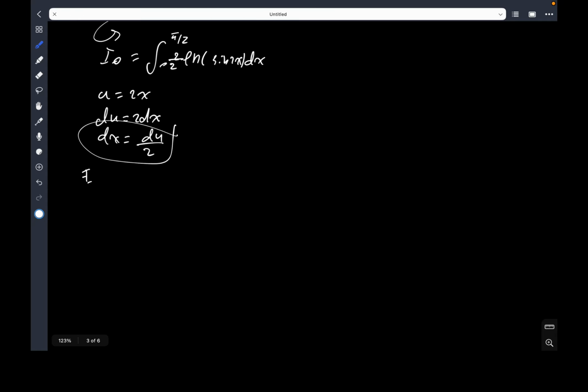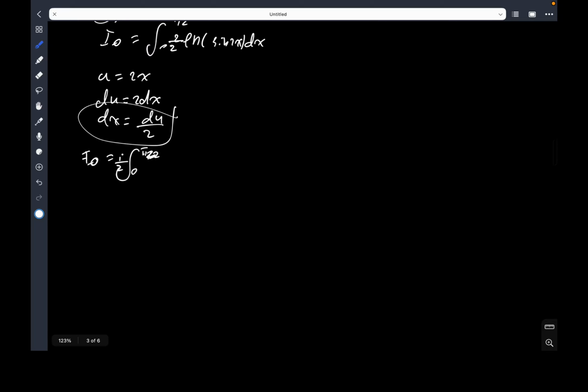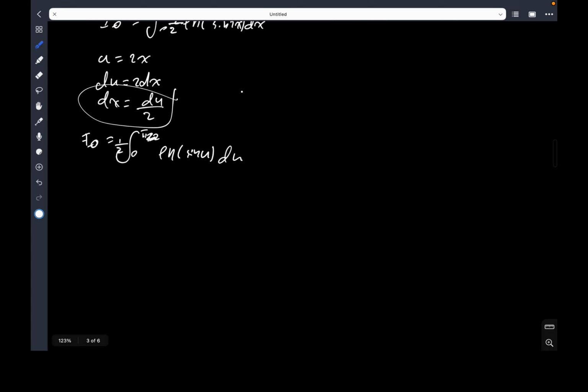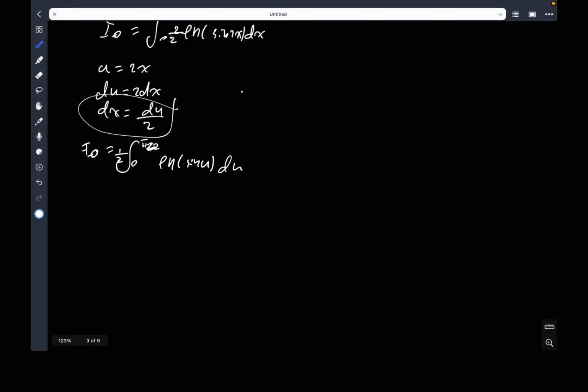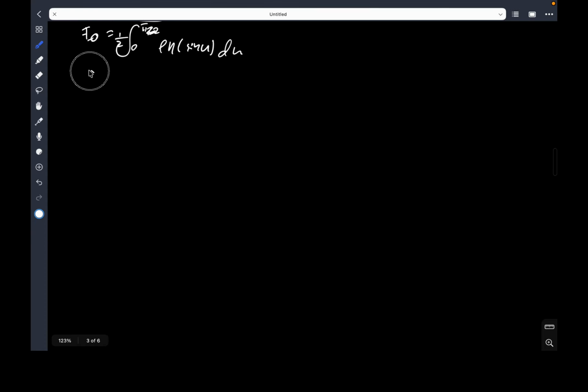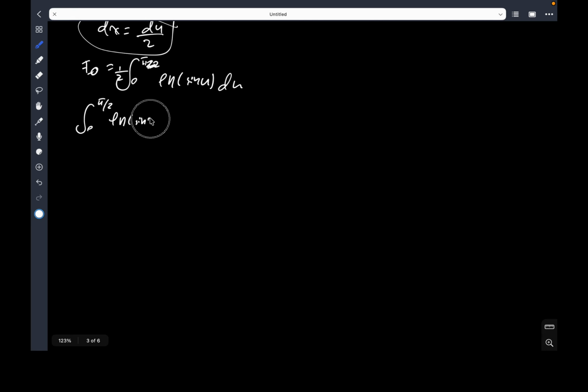I naught, therefore, if I change the bounds, is 0 to pi of half the integral of ln of sine u du. So by this definition, we can say definitely that the integral from 0 to pi over 2 of ln of sine 2x dx is half the integral from 0 to pi of ln of sine u du.